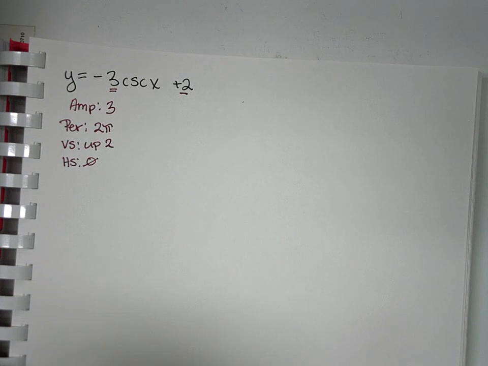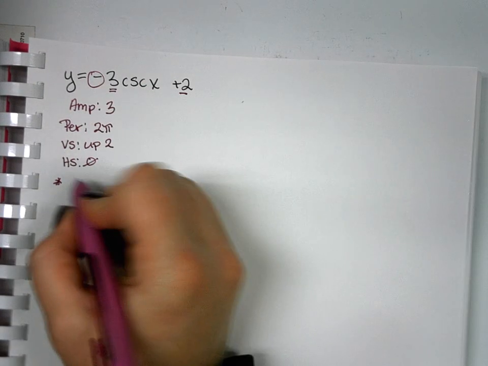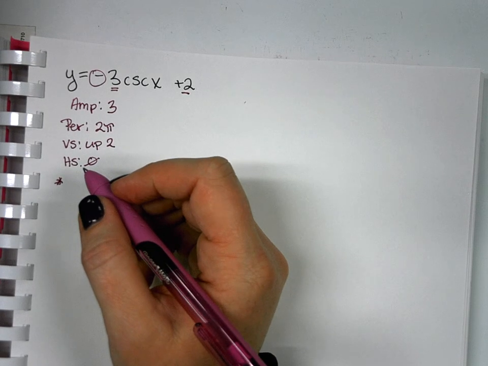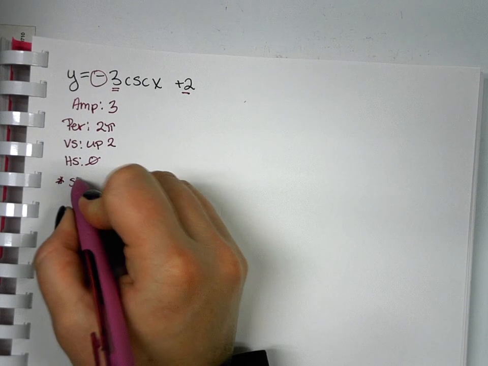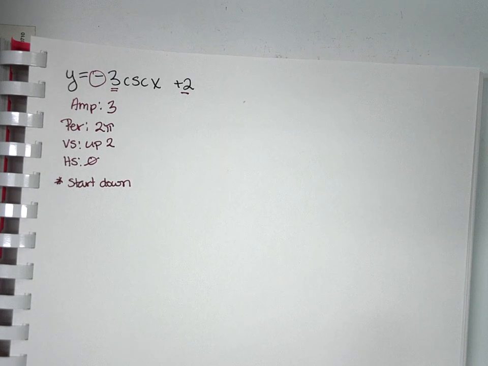And for horizontal shift, I don't have anything being added or subtracted there, so I don't have one. Now I do want to make a little note to myself that I have a negative. That means instead of on the normal cosecant, how we started up at 1, we're going to start down instead of up, and that's because of that reflection.